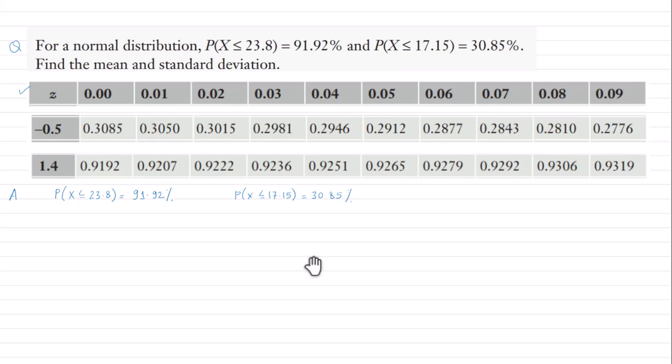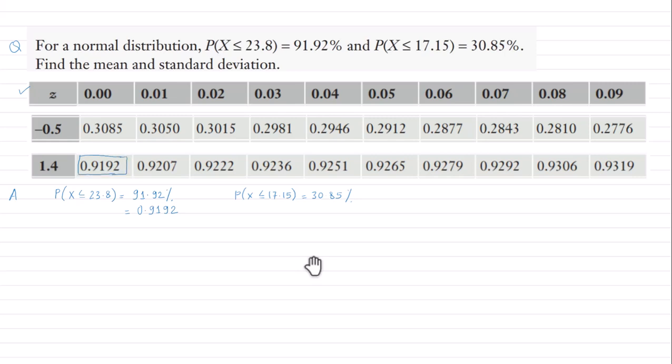So if we see this value, 91.92% can also be written as 0.9192. And if we refer to the Z score table, this is the value which is matching 0.9192.